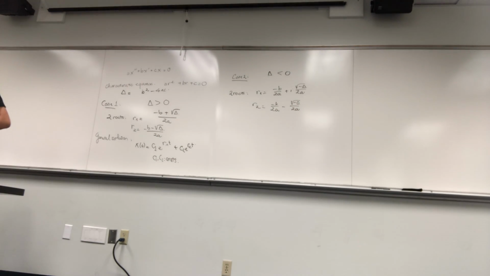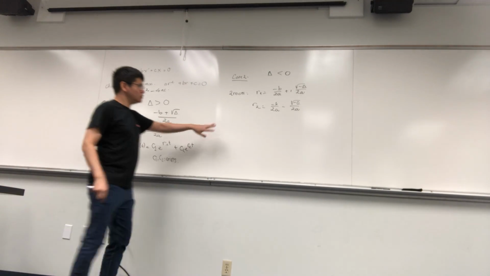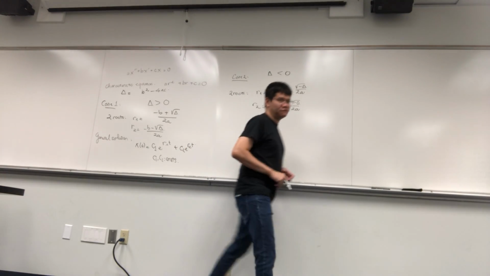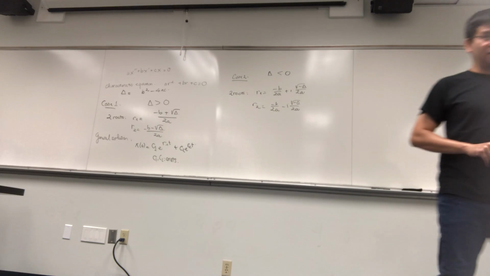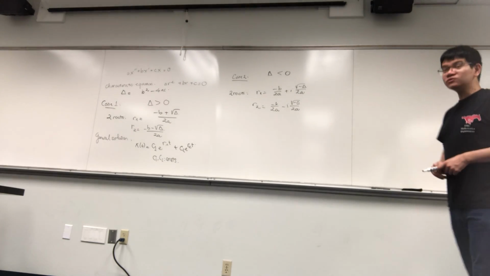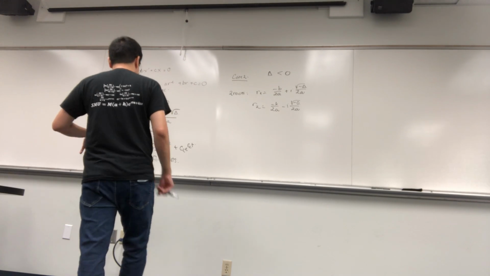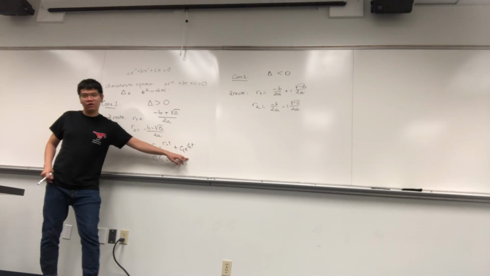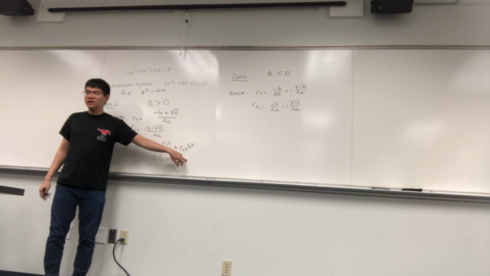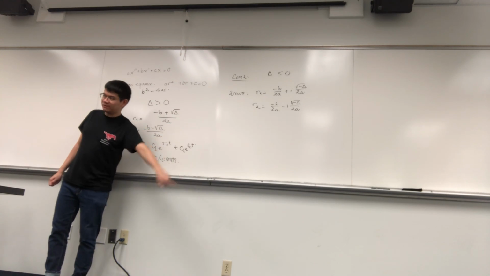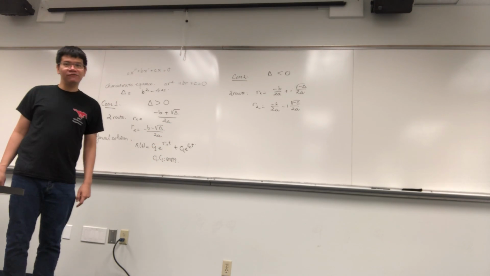In this case, you also have two roots, but you're going to have the imaginary part. So the two roots are complex roots. So in this case, the two solutions will not be exponential anymore. They're going to be exponential multiplying with the cosine function.